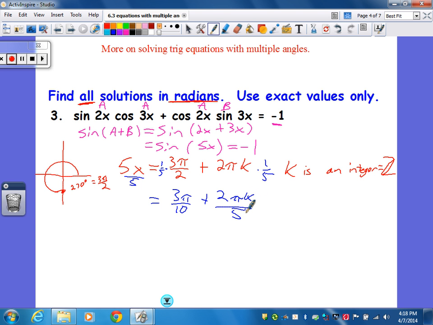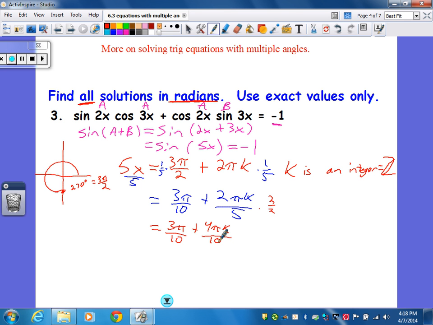Okay, and we can simplify further by getting a common denominator. So we're going to multiply this half by 2 on the top and 2 on the bottom, which is equal to 3 pi over 10 plus 4 pi k over 10. Don't forget that k.